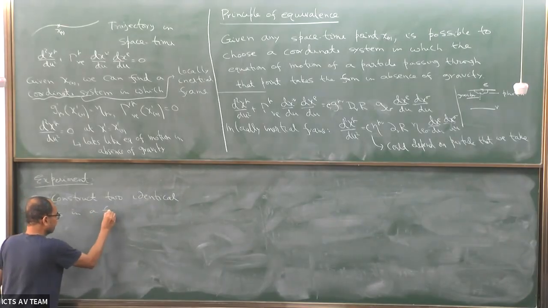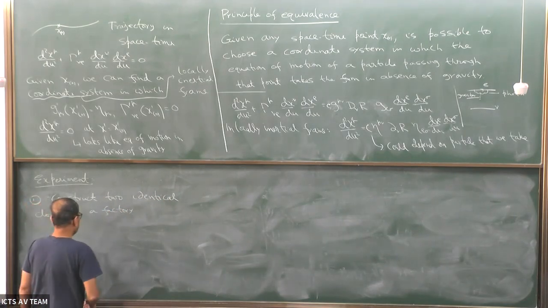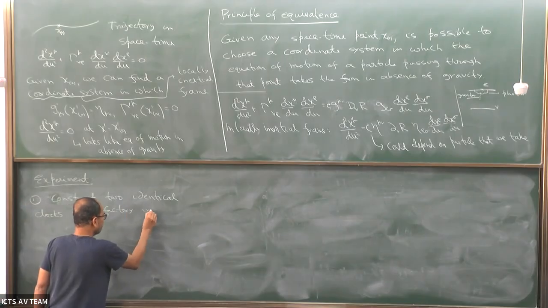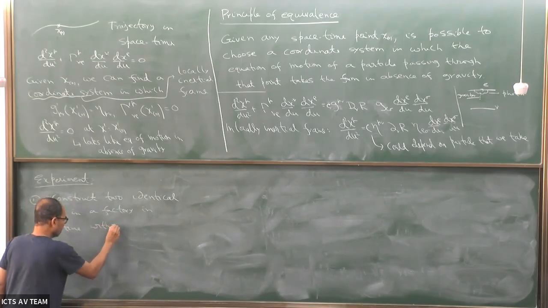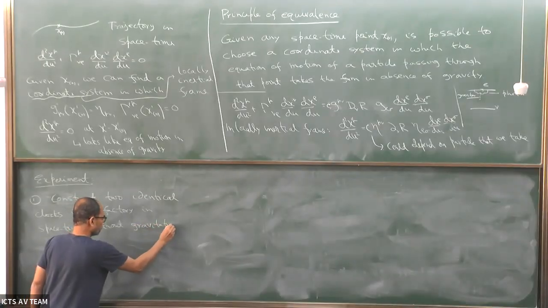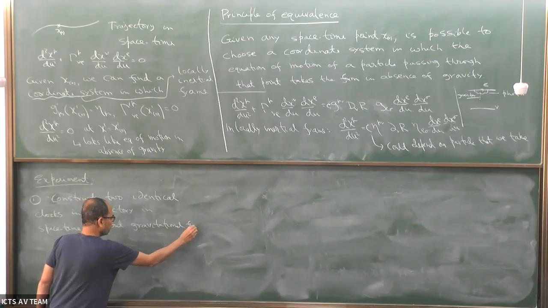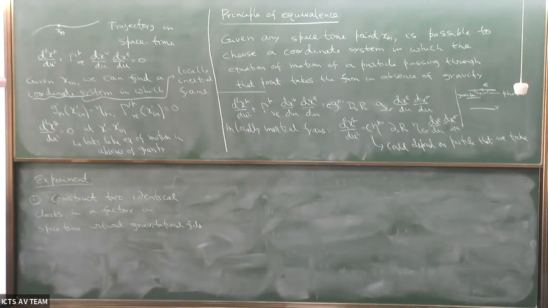To make things completely definite, let's suppose that we manufacture the clocks in a factory in space-time without a gravitational field. This is not really necessary as long as they are constructed in the same environment, but let's suppose we have constructed them without a gravitational field in some space-time. Go out in space and construct them.